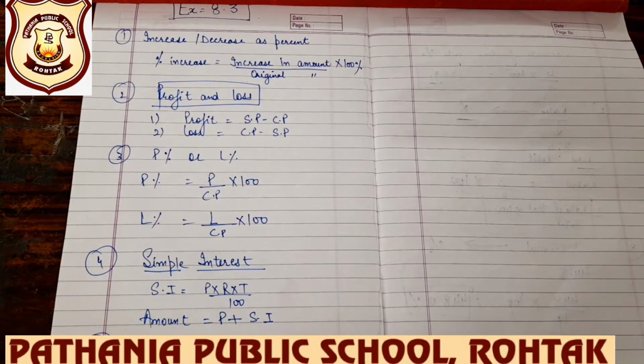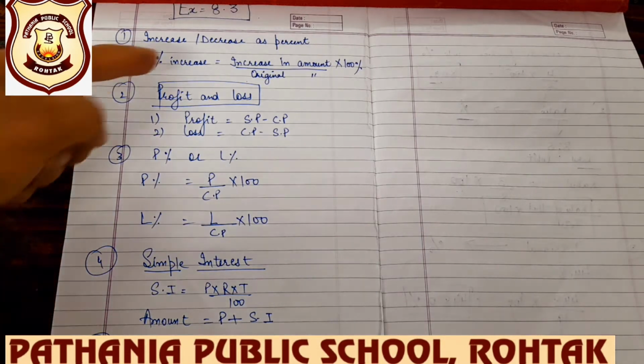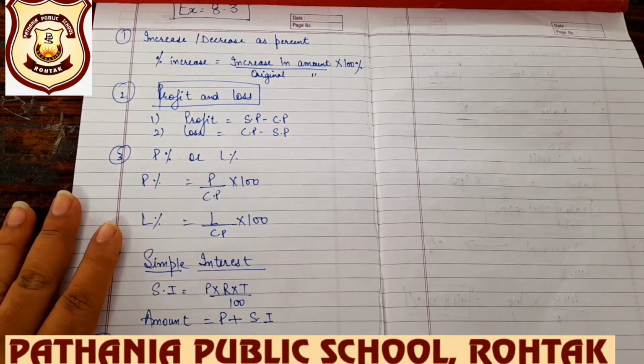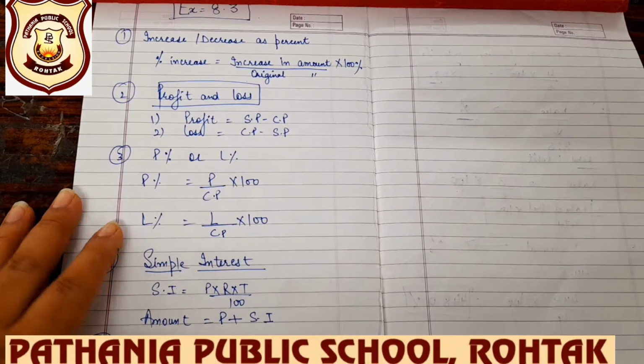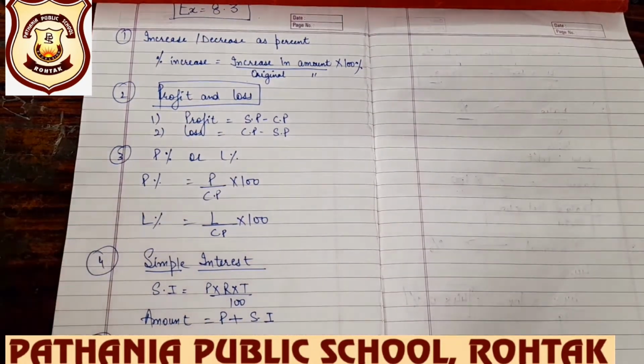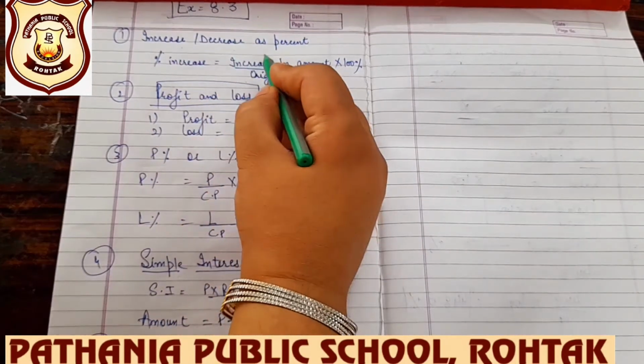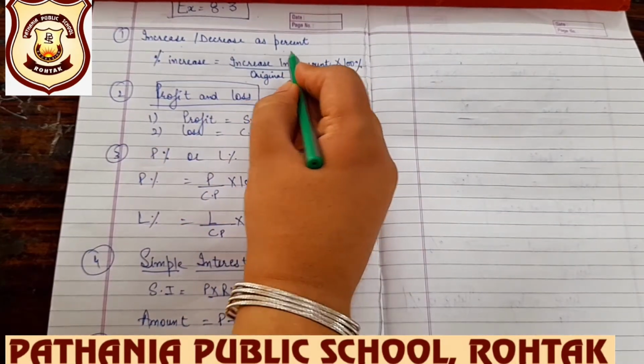So, beta, today we will start exercise 8.3, and these are all the topics which we cover in 8.3. So, let's discuss. First one is increase or decrease as percent.